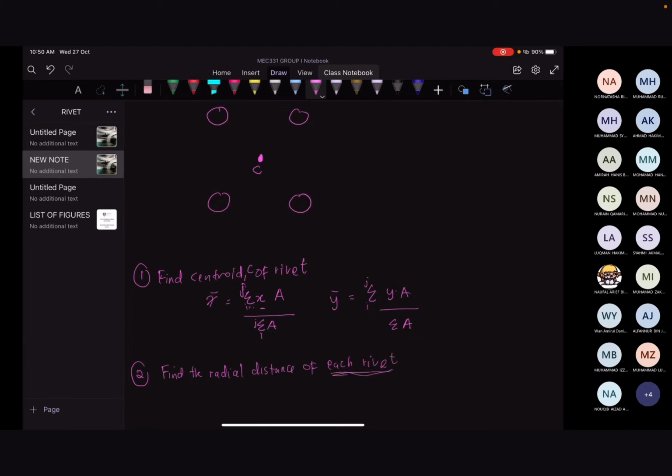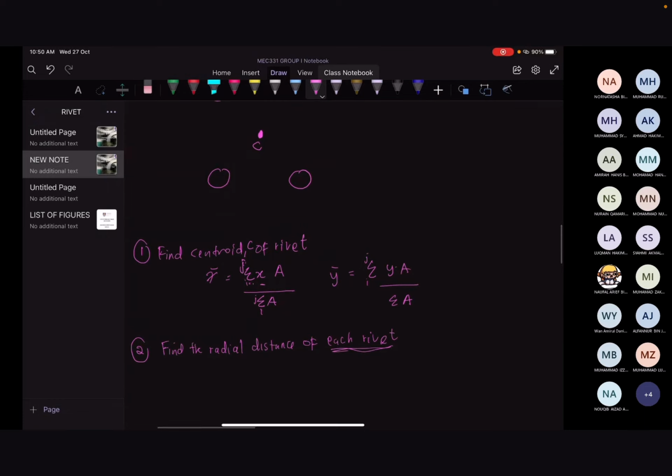Maksudnya for all of the rivet. So radial distance ni biasanya we denote it as R. Kalau dia 4, so dia akan jadi R1, R2, R3, R4 dan seterusnya lah. If you are using more than 4 rivet, so dia akan jadi 5, 6, 7, kena cari semua.